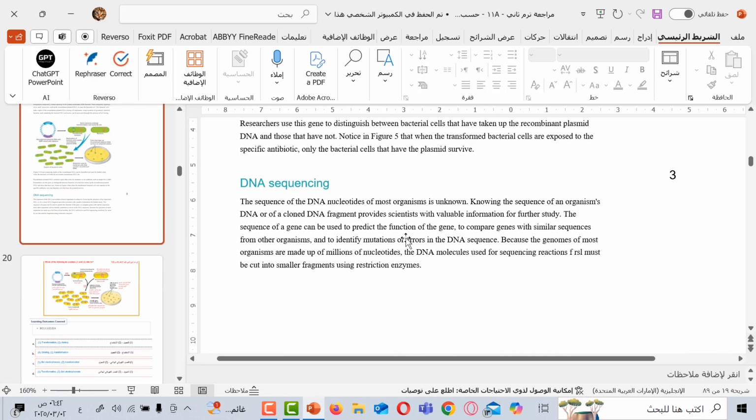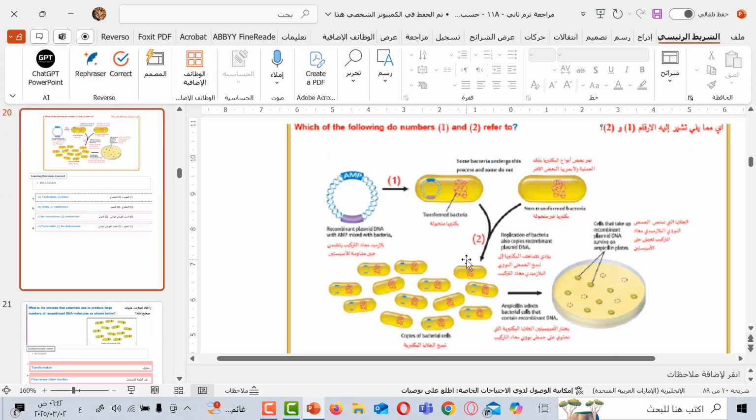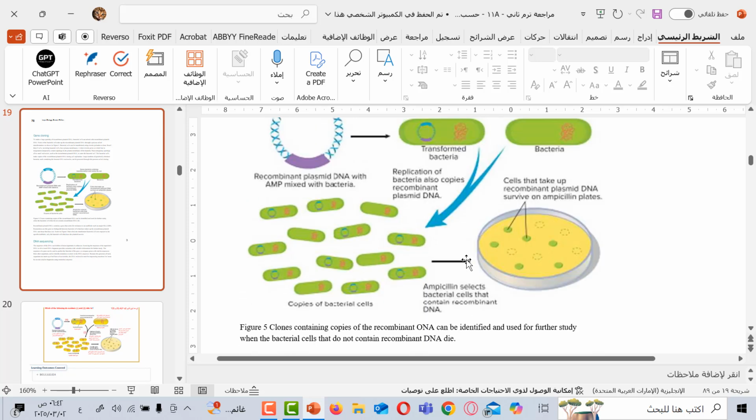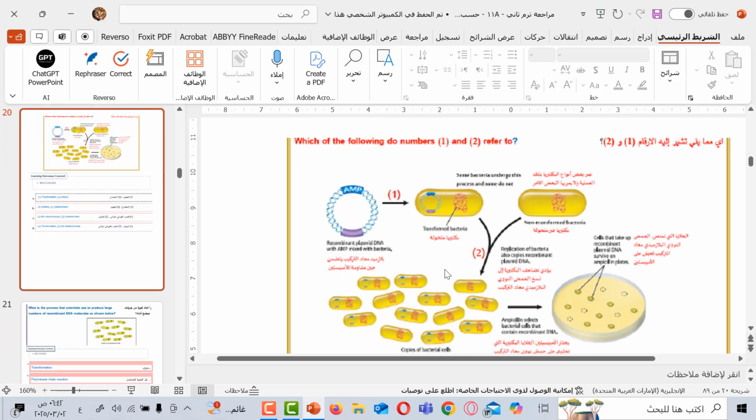If we see what 1 and 2 are, this is called transformation because we have a transformed bacteria, and this is 2, called replication. Bacteria also copy the recombinant plasmid DNA.